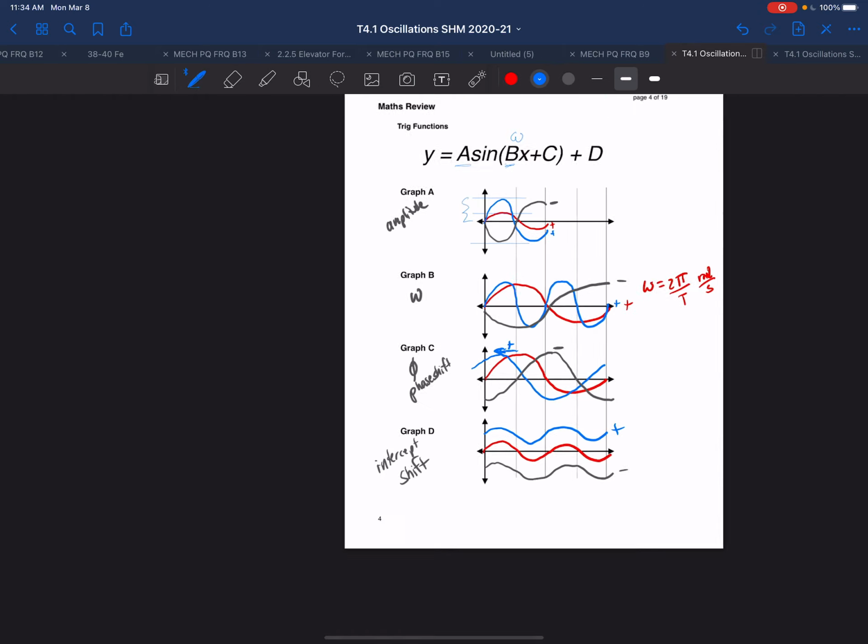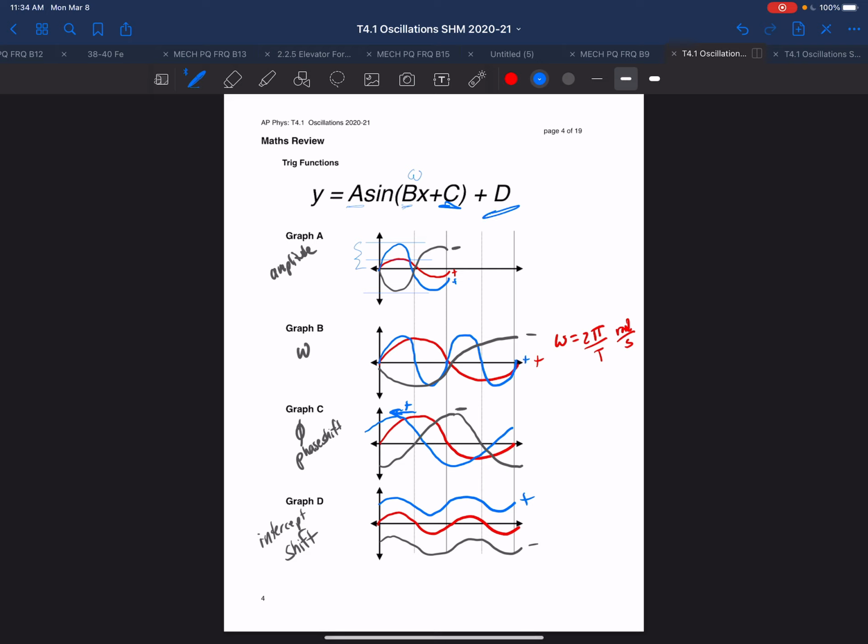And that's summarizing our constants. This is our y-intercept. This is our phase shift phi. And this is our amplitude, A. Now really we're only going to see situations with A and B. But that's what C and D are as well.